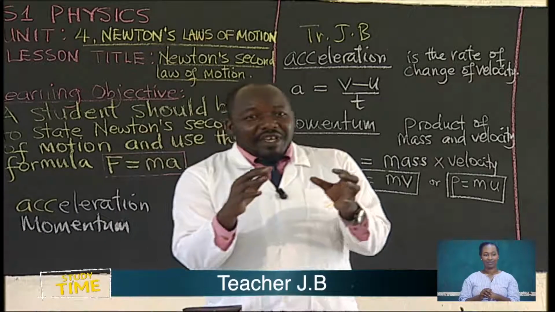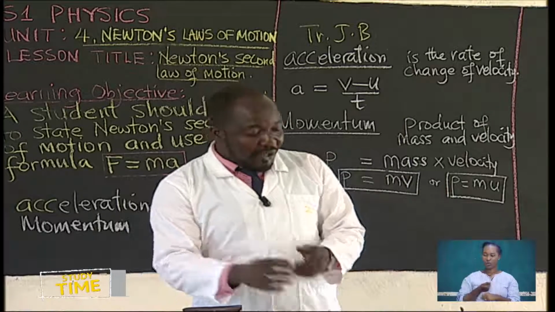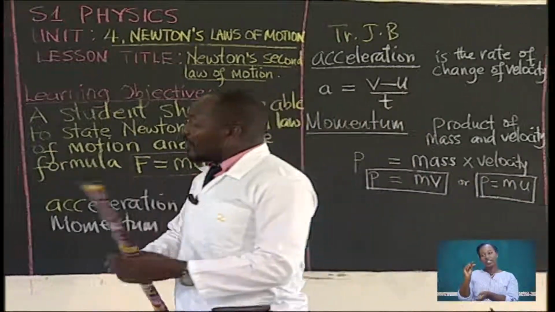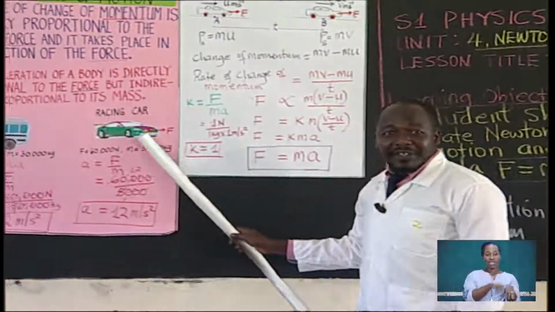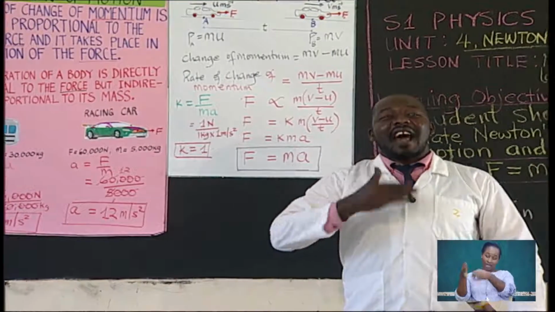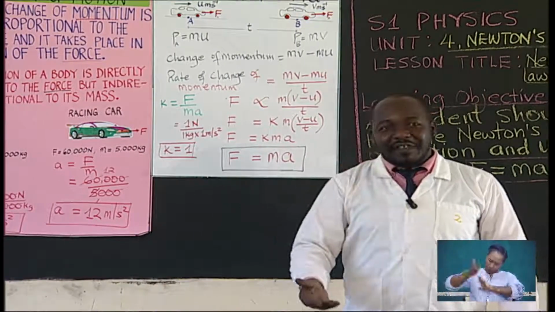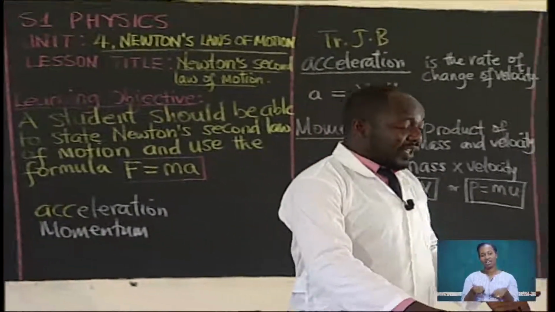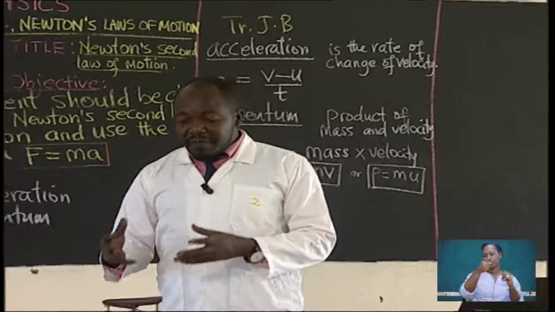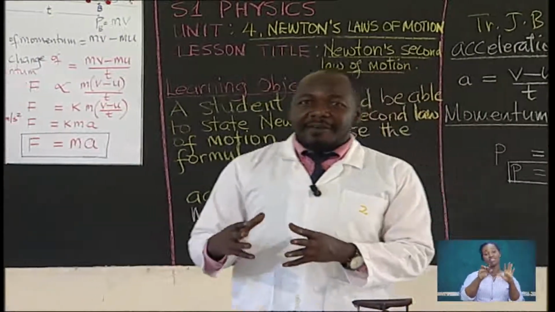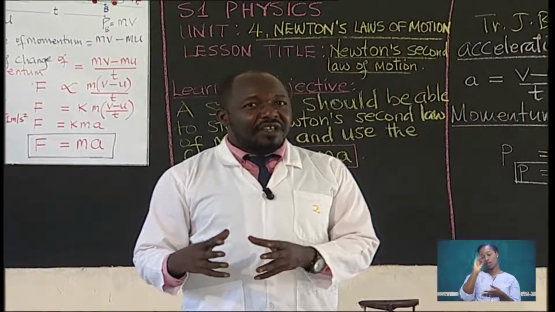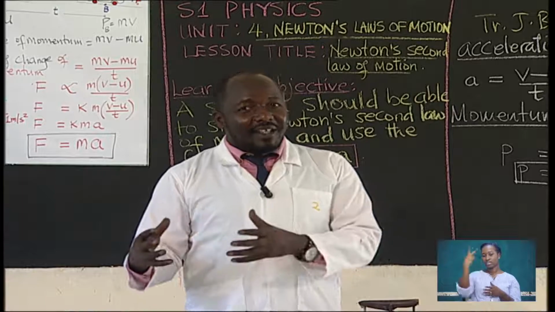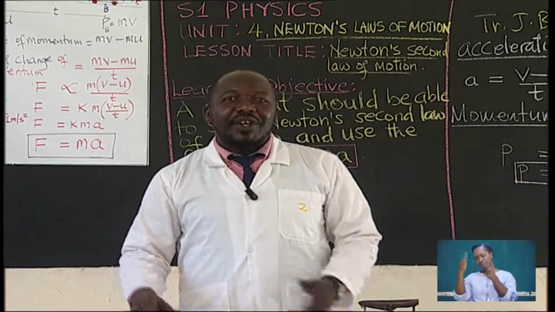So it should have a smaller mass, not as big as a bus, so that when you give it a force, then the racing car can accelerate very fast, so that it can perhaps be the first in the race. So that is briefly how this concept of Newton's second law is applied in other subjects, but also in real life.